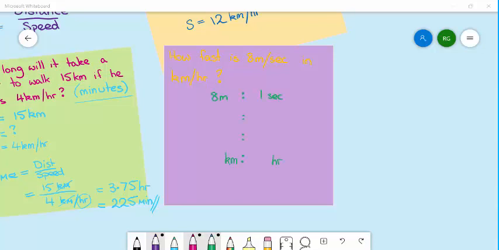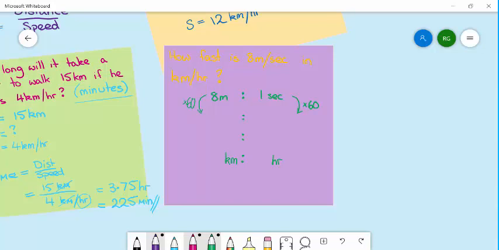Now, fast forward a little bit. Here, 8 meters is in the ratio to 1 second. Now, we need to know how many kilometers per hour that is. So, our first step, there are different ways that we could actually solve this one, but depending on what order you would like to go in, I'm going to multiply both sides by 60.